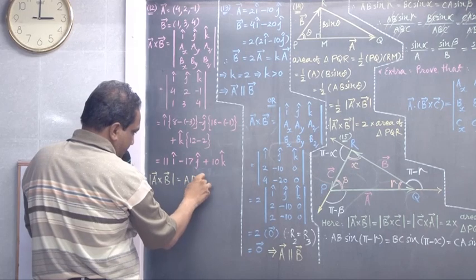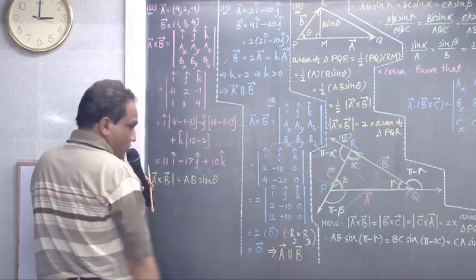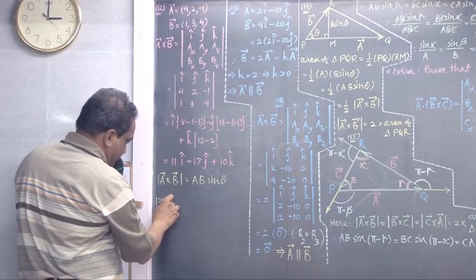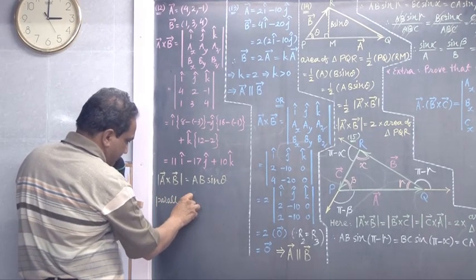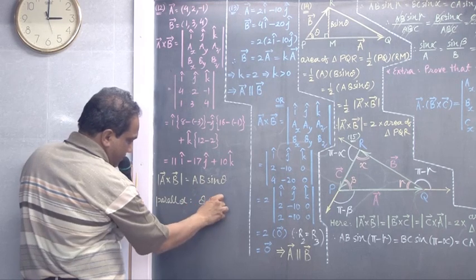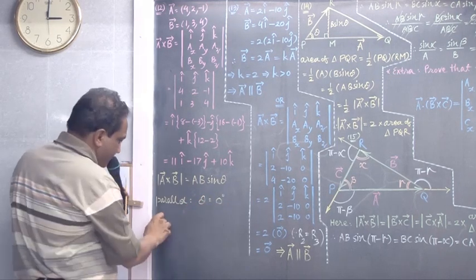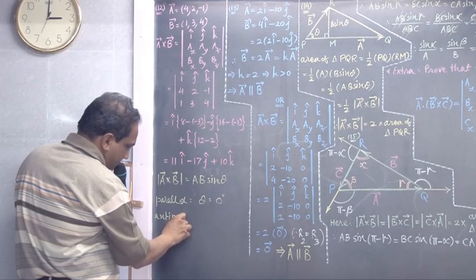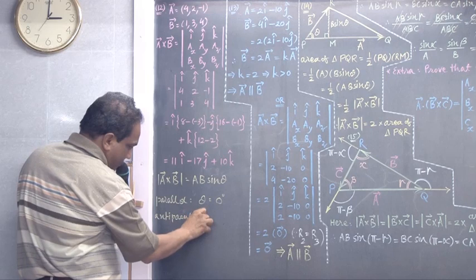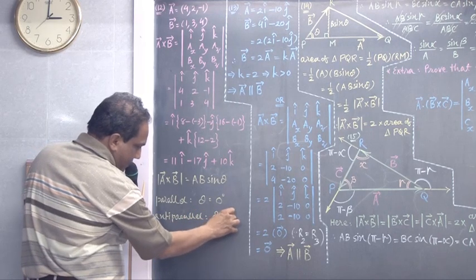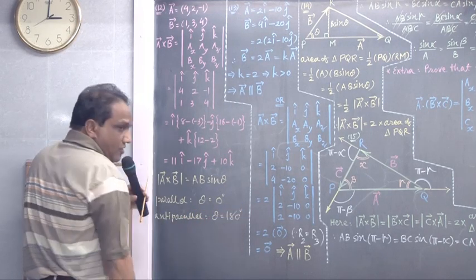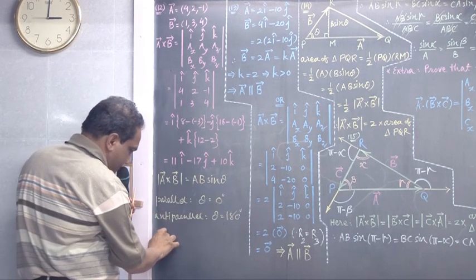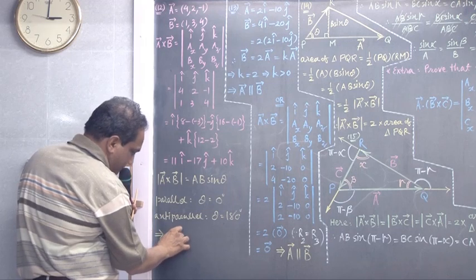For parallel vectors, theta is 0 degrees because they have the same direction. If two vectors are anti-parallel, they have opposite directions and theta is 180 degrees. Whether theta is 0 or 180 degrees, in both cases sin theta is 0.